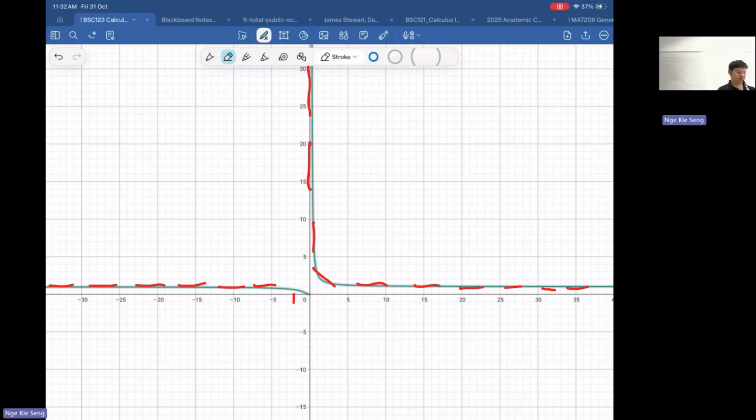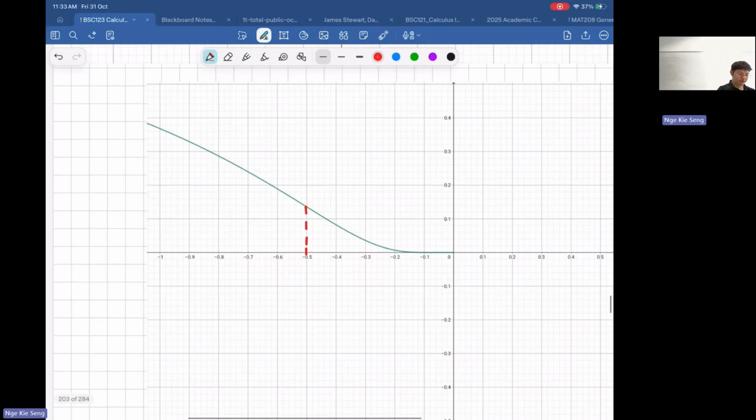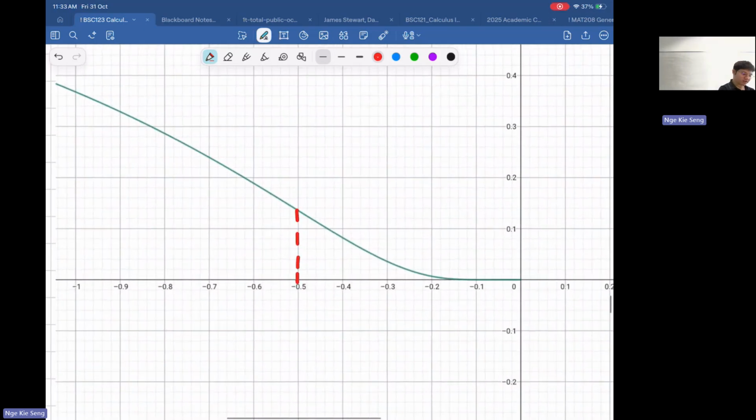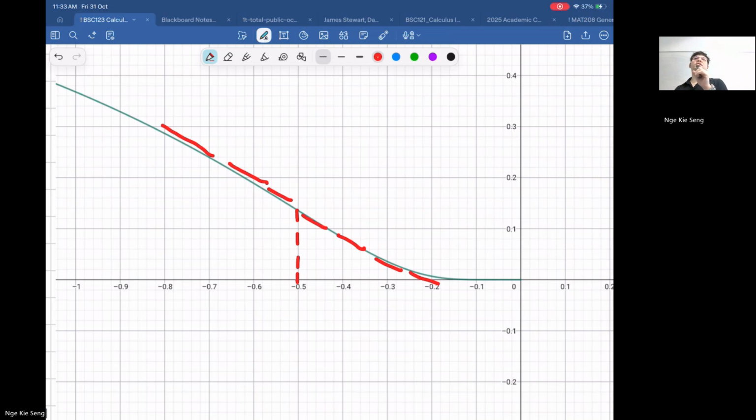Maybe I remove my tangent line. Can you see it? Not big enough. This graph is not big enough, so I zoom it in. Can you see the concavity here? It's a very slight change, very small change. Does it make sense?